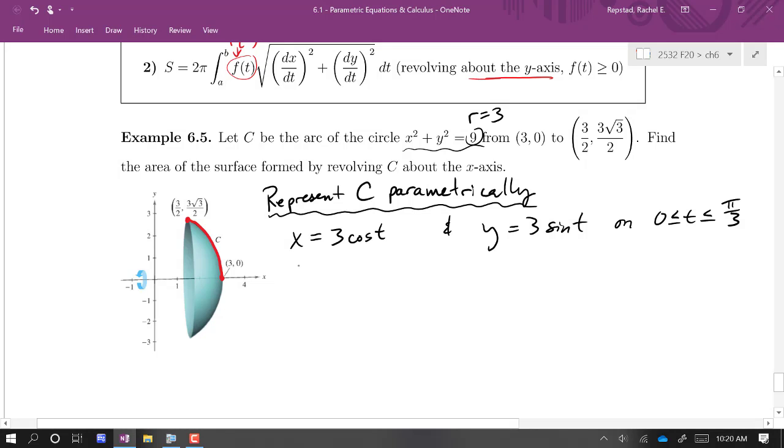So I think we're just about ready to go here. We need our dx dt and dy dt so that we could set up our integral. So dx dt is minus 3 sine t. dy dt is 3 cosine t.